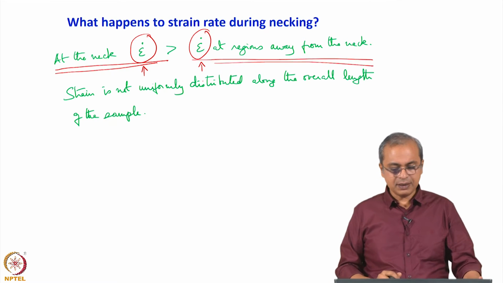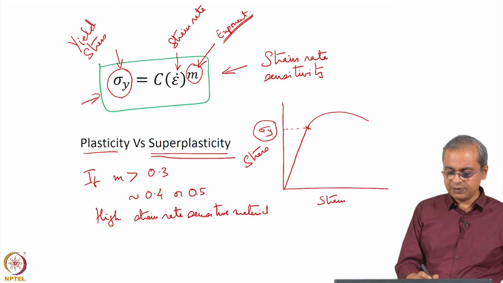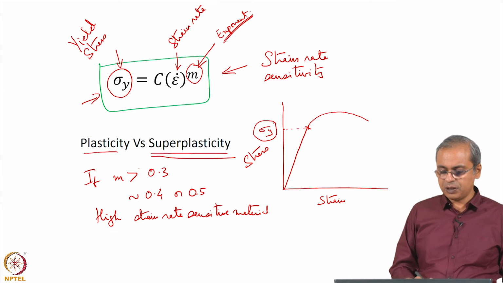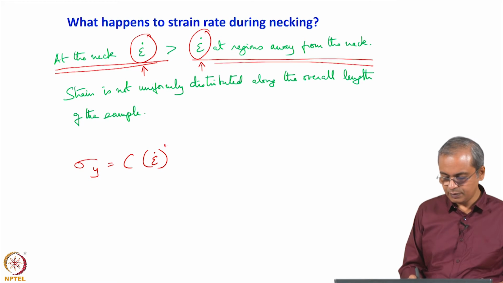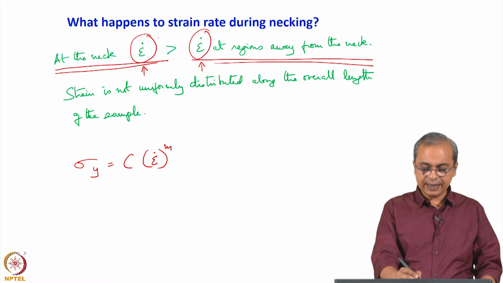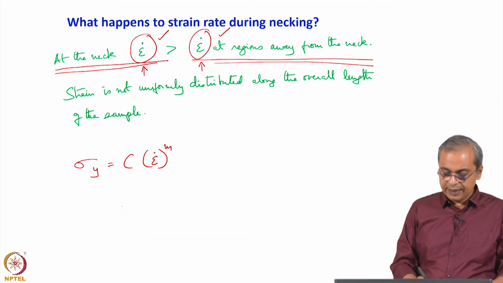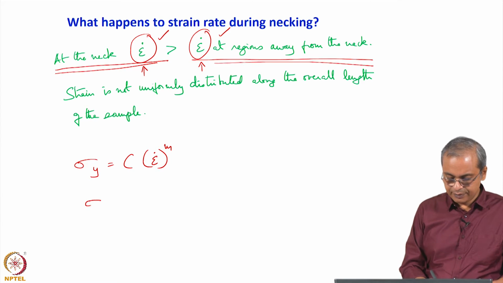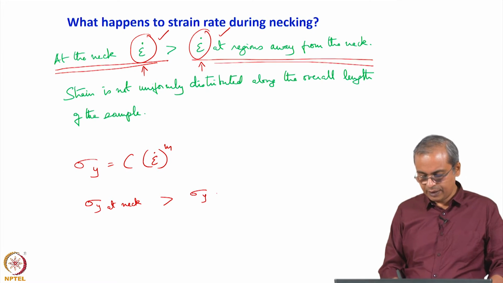So, now if you go back to this equation here, you have sigma y is some constant c epsilon dot power m. So, I will write that here. Okay. So, now we see here that the strain rate at the neck is higher than the strain rate at regions away from the neck. So, therefore, the sigma y at the neck is higher than sigma y away from the neck.